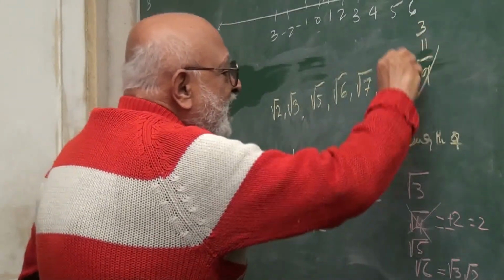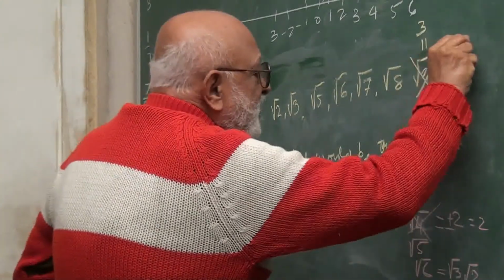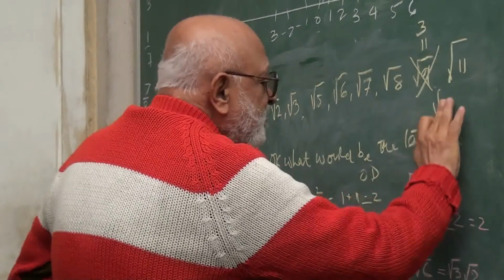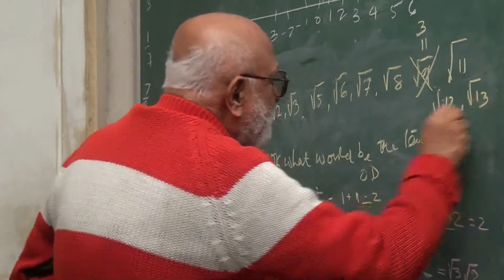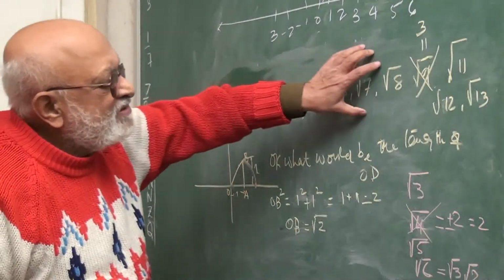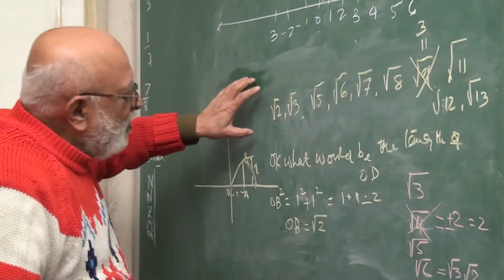So root 9 is not irrational. And so you can have root 11, root 12, root 13. So you can go on except where they form perfect squares. Those you have to remove because they are not irrational.